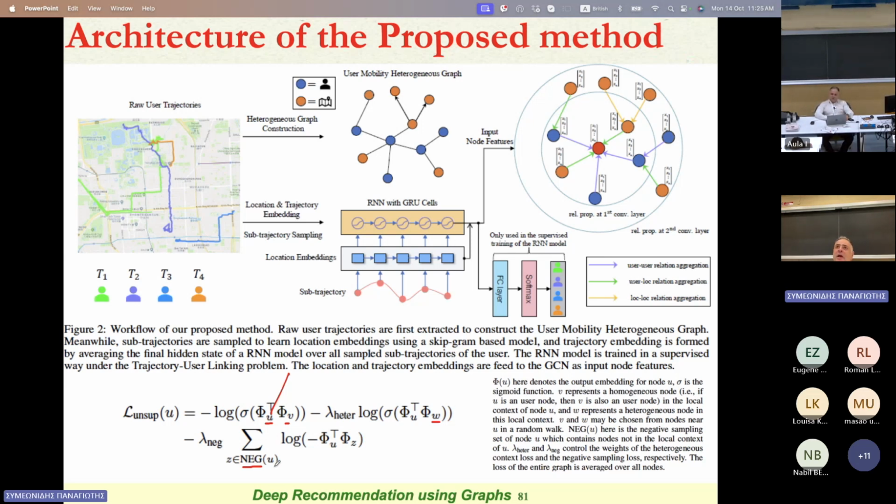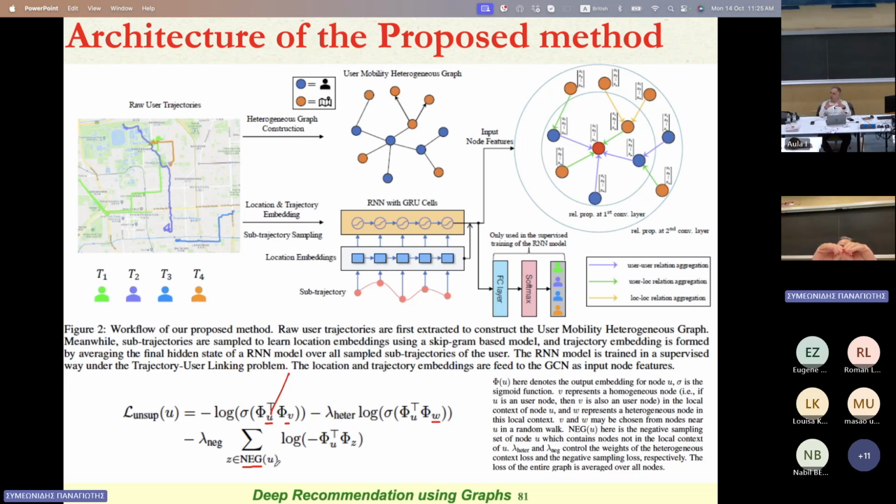What do we mean by negative sampling? Negative sampling means that we should not train our neural net only with positive interactions, where the user visited a specific point of interest, but we should also feed the neural network with negative interactions, which means things that did not happen at all.